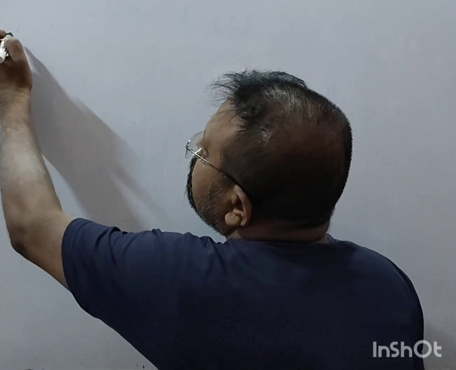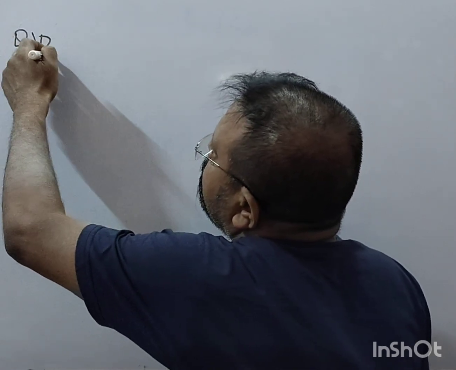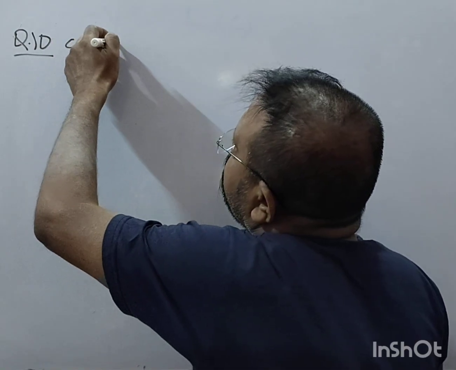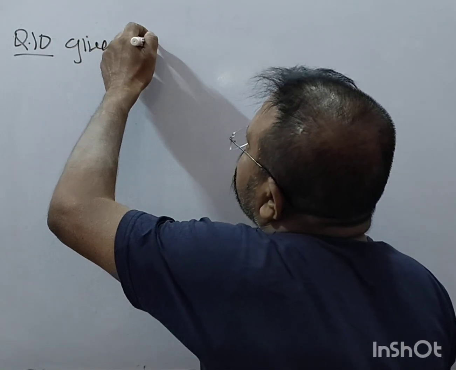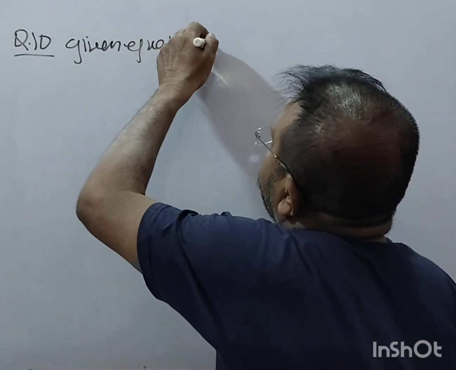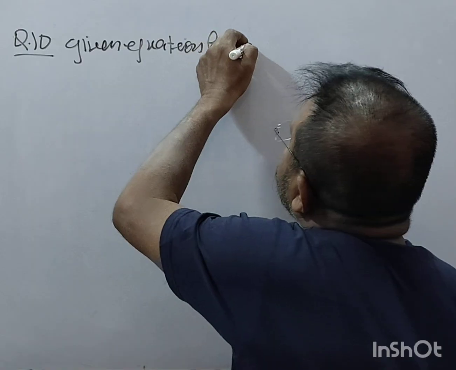Question number 10 is like this. Given equation has equal roots.